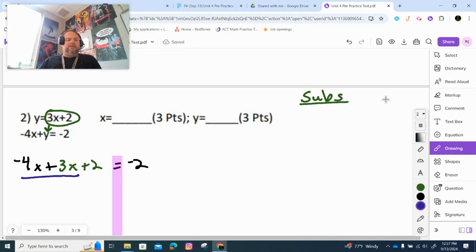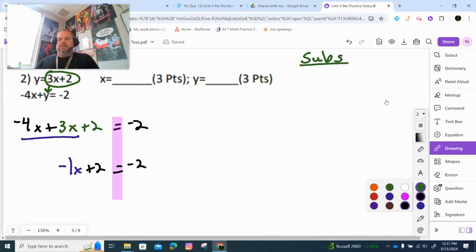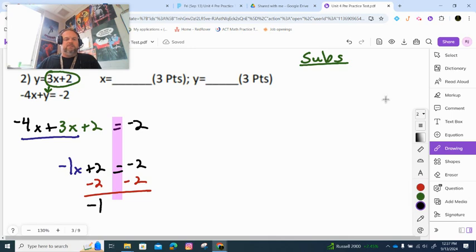When I combine like terms, this would be negative 1x, then plus 2 equals negative 2. Negative 2, negative 2. Negative 1x equals negative 4.